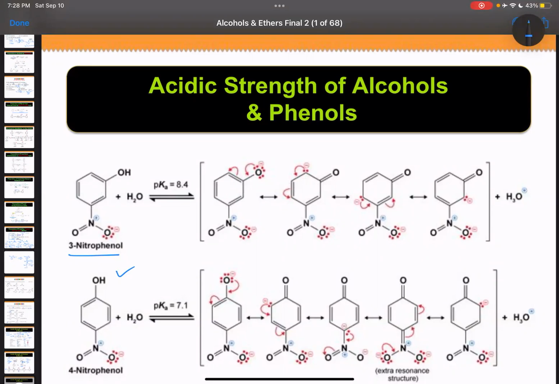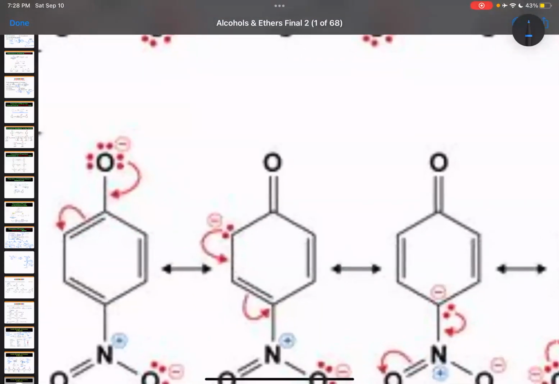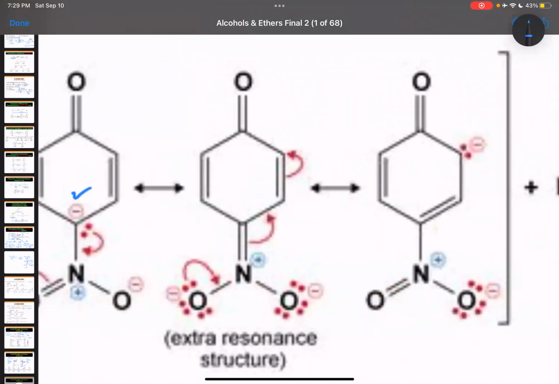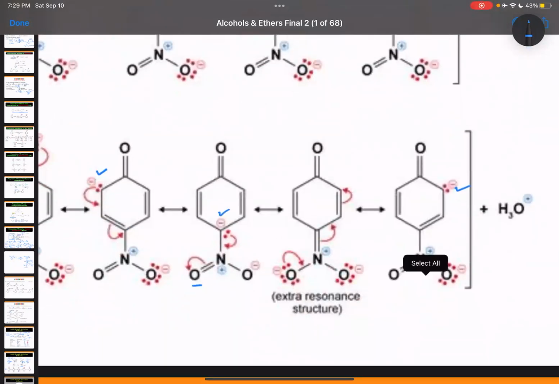Now, how will you explain? Yeah, the phenoxide ion is more resonance stabilized. So the minus charge comes at the ortho position, then at the para position, and it goes again at ortho. But when it comes to para, there is one NO2 group and it can come on oxygen also. So there is actually an extra resonance structure.